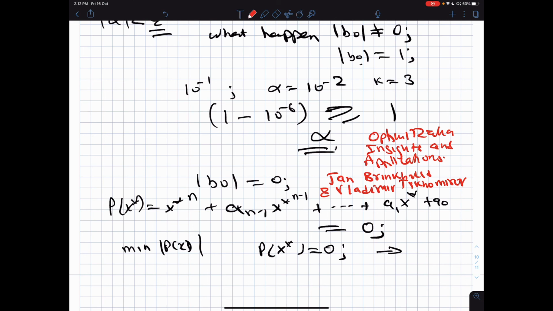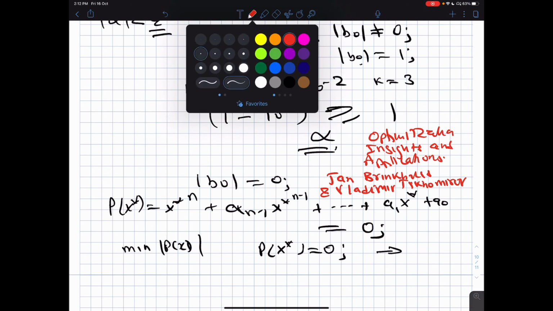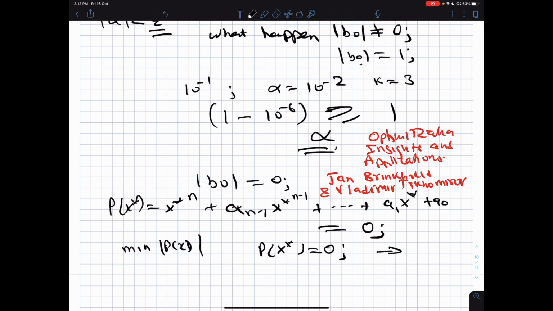I think you would now appreciate how much optimization can help us in understanding and getting insights into something that we probably knew for a long time. With this, I am going to also close my story on the unconstrained optimization theory.